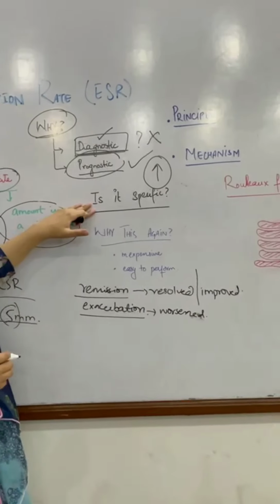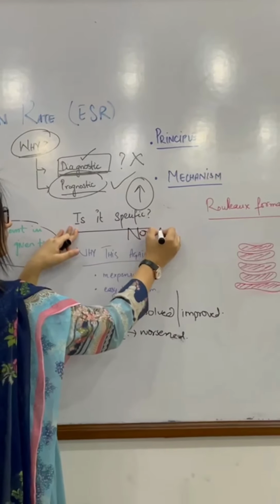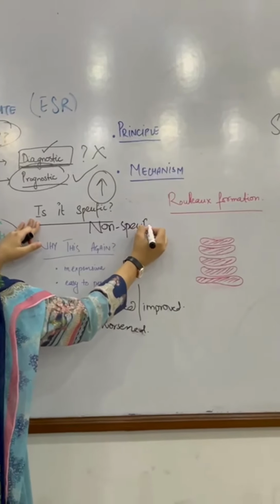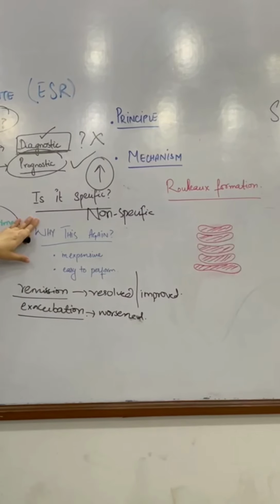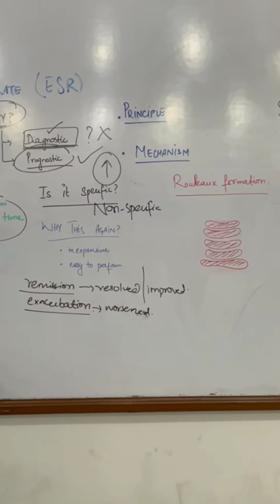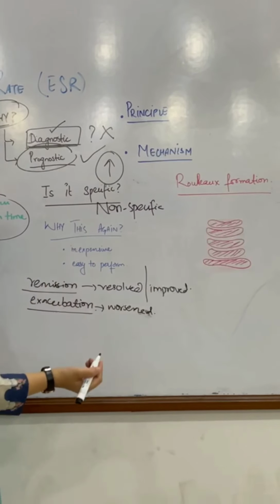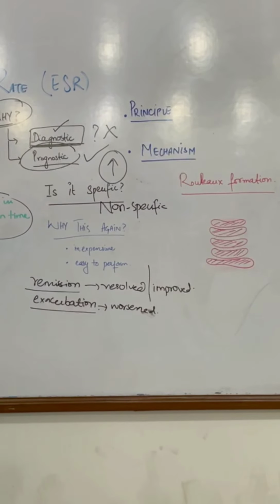Now, is it a specific test? No, it is non-specific. The value will definitely tell us that the person is having some kind of inflammation or infection, or there is something wrong in the patient's body. But what is wrong, we cannot tell by this ESR. Then why do we perform it?